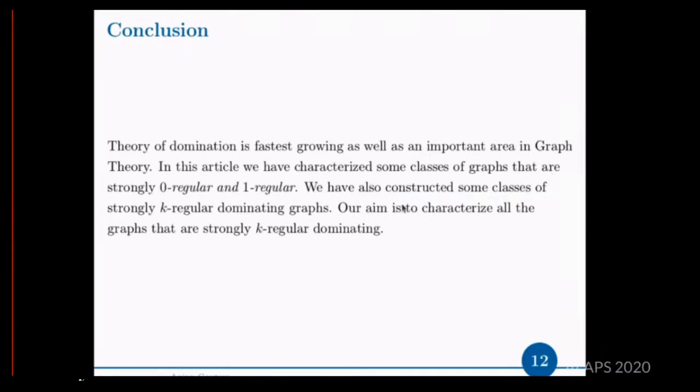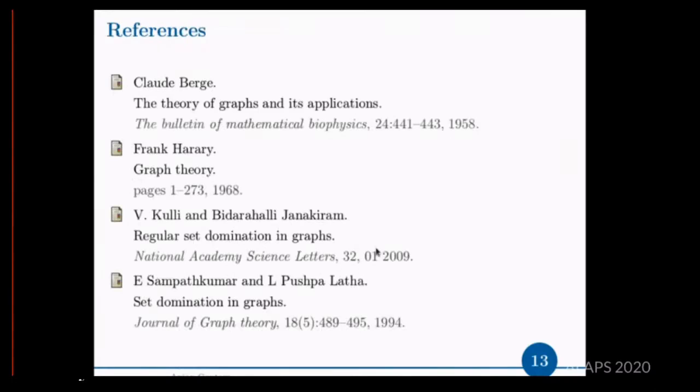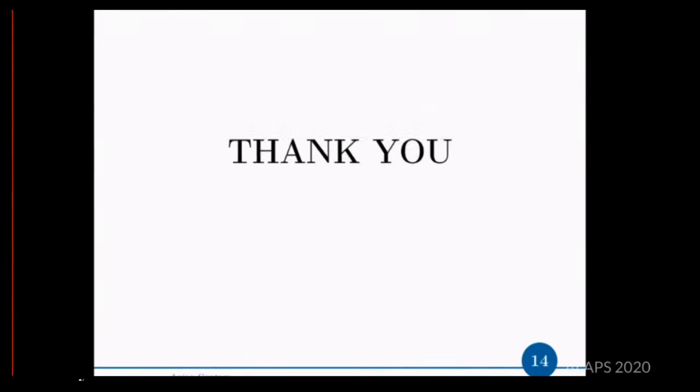We have also constructed classes of graphs which are strongly k regular dominating graphs. For a given graph, we are constructing a strongly k regular dominating graph. Now, our main aim is to characterize all the graphs that are strongly k regular dominating. So thank you everyone for listening to my talk. Thank you.